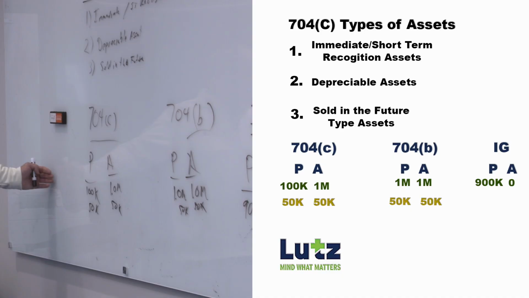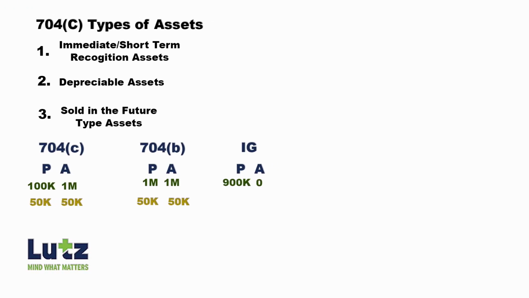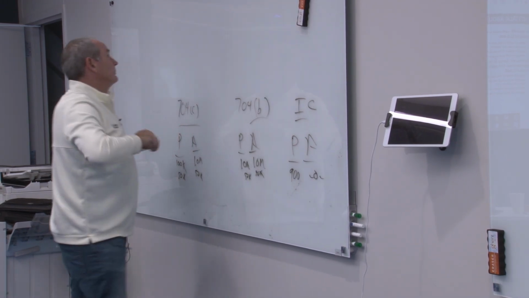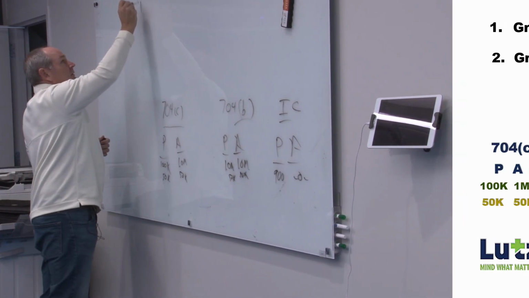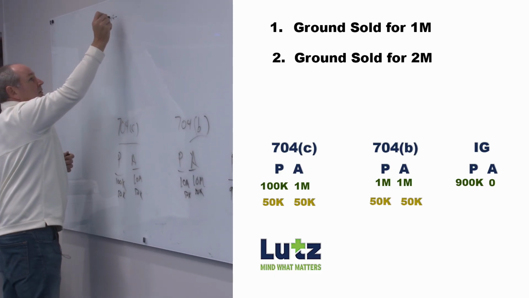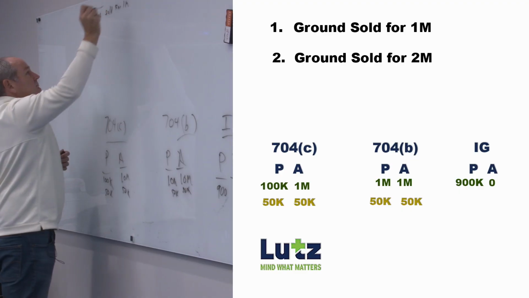900,000, which would be specially allocated to Pete. Yes. Okay, so what we're shooting for, we're going to do this two ways. One, the ground is sold for 1 million.